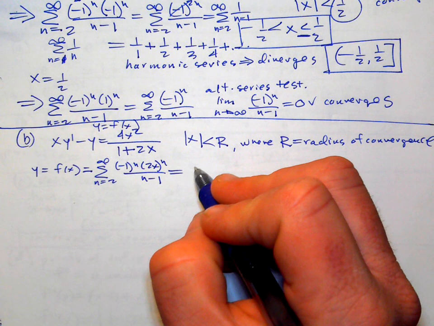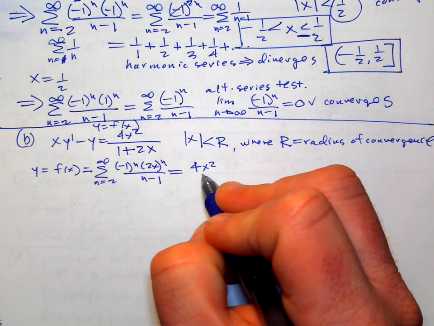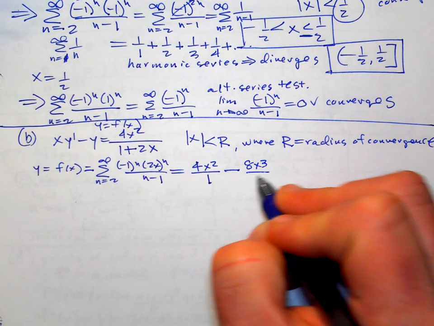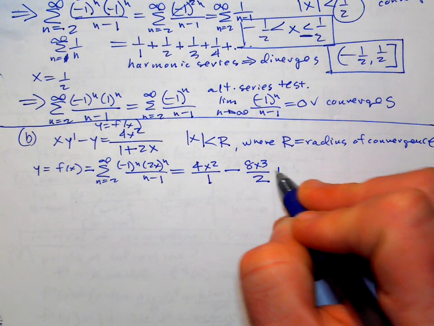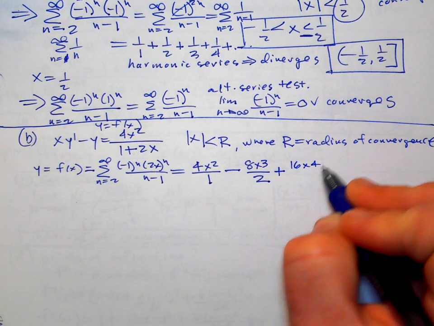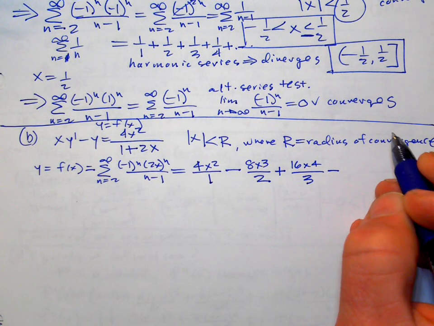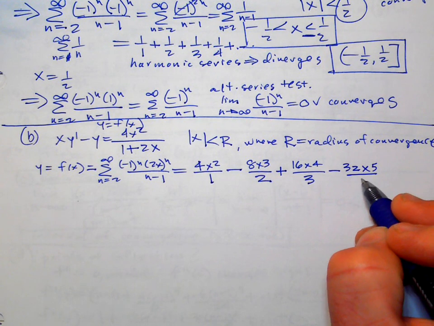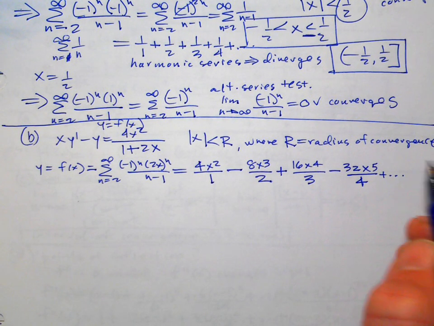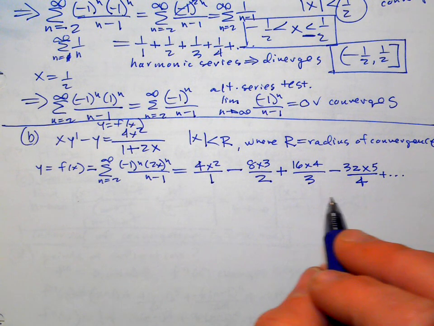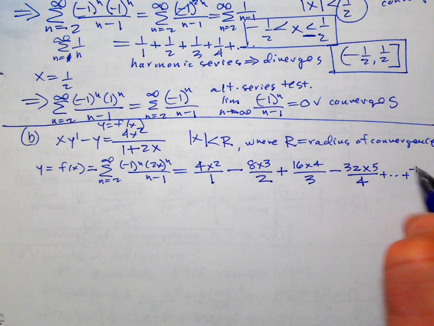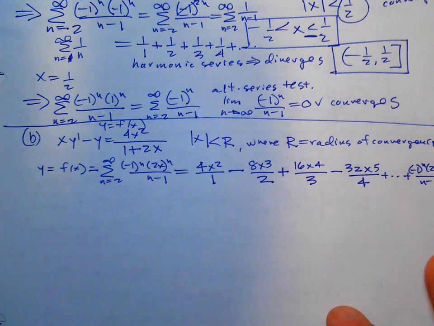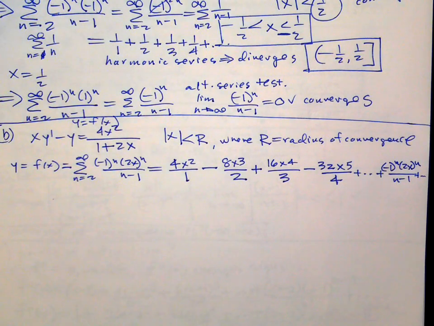If you plug a 2 in, it's positive 4x squared over 1. Plug a 3 in, you get minus 8x cubed over 2. Plug a 4 in, you get positive 16x to the 4th over 3. You might be able to start predicting this: 4, 8, 16, 32, x to the 5th over 4, and so forth. So we could write the general term as the closed form that's already written. I just wrote that function out to see what it looks like.